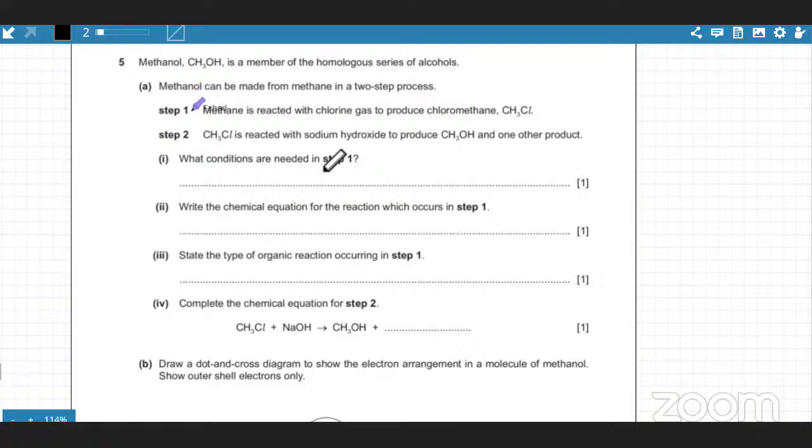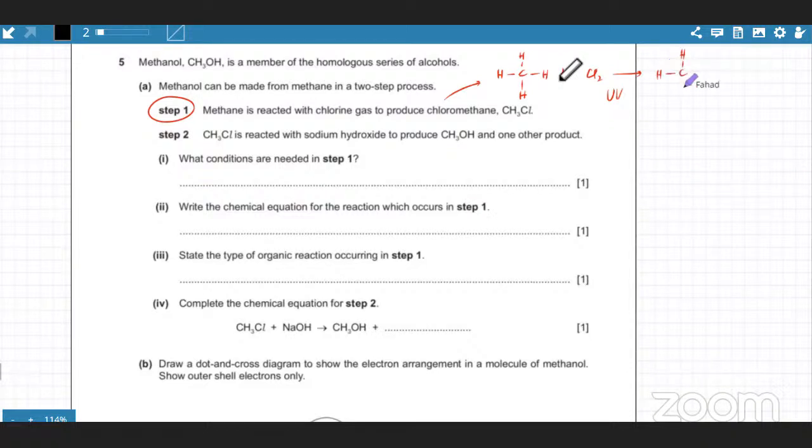Let me briefly explain what's happening in step one. You have methane. Let's write down the reaction. Alkanes don't have a lot of reactions. That's probably the one reaction that you have to study. That's methane reacting with chlorine. Now, ultraviolet light is needed. What happens is substitution. This chlorine goes and knocks out one of the hydrogens and takes its place.